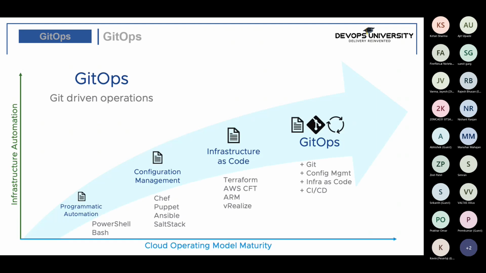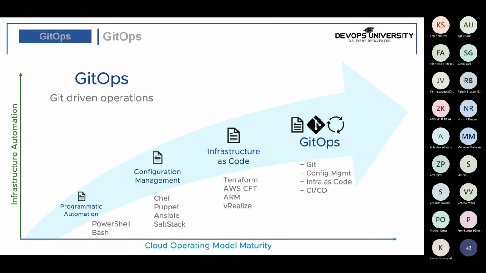Now when it comes to the GitOps, it all depends on the maturity of the tools. For example, earlier we used to perform PowerShell or bash scripts, so those kind of automations we used to perform at that time. But things changed over time, and now we are looking at how exactly the different set of automations we can do.